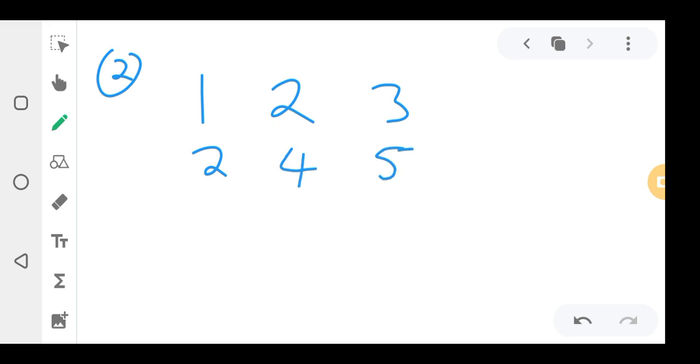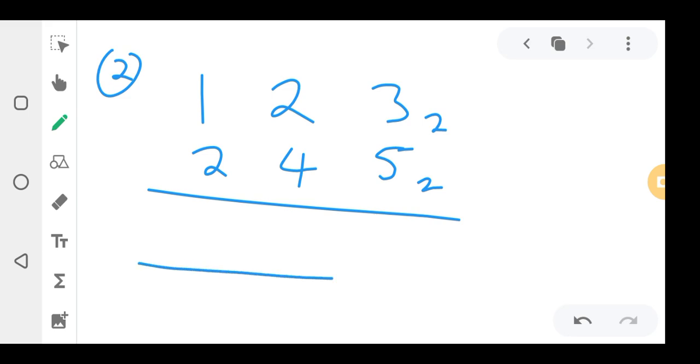My question 2 would be 1, 1, 2, 3, 2, 4, 5, and then base 2, and then add.